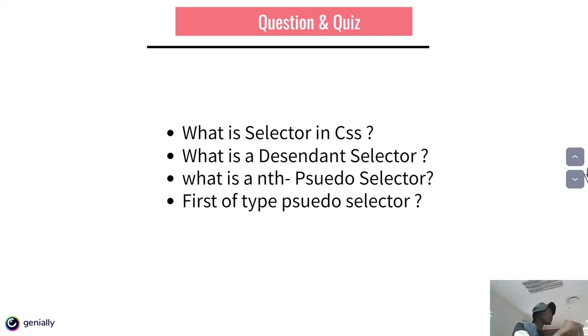If you are using a tag as a selector, it's going to target each and every div in your page, which is dangerous because that's not the kind of behavior you are interested in, unless you want that behavior, right?